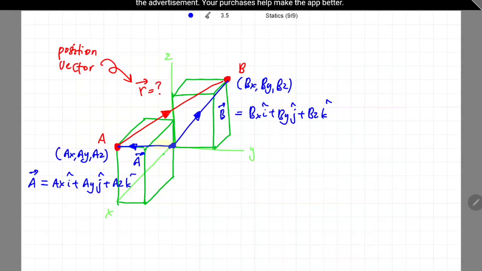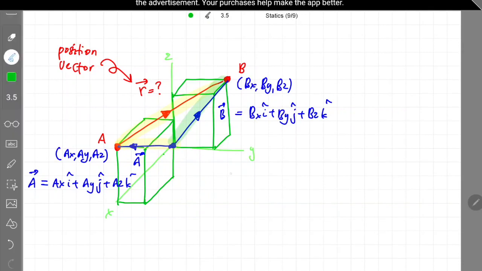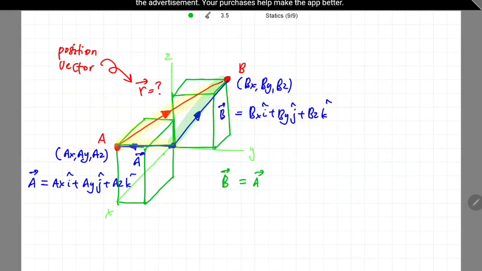If you look at this combination of 3 vectors, it actually looks like a triangle law, kan? The triangle law involves vector addition. So basically, vector B, from the tail to the arrowhead, is equivalent to vector A plus the position vector, which we call R.